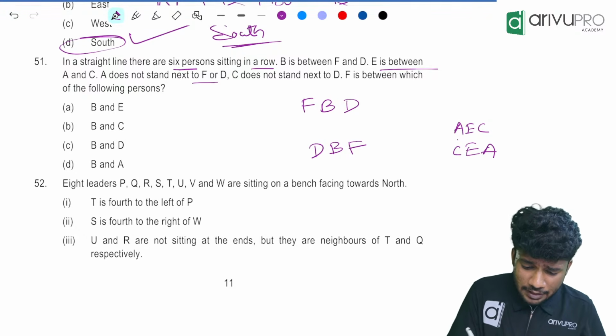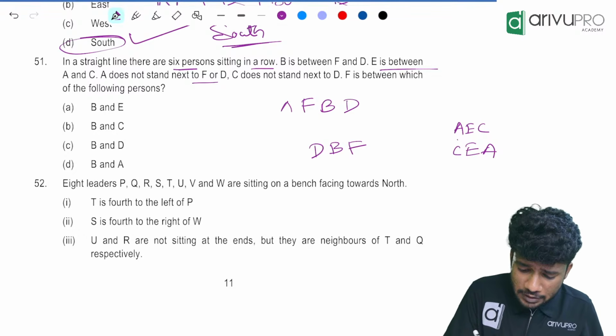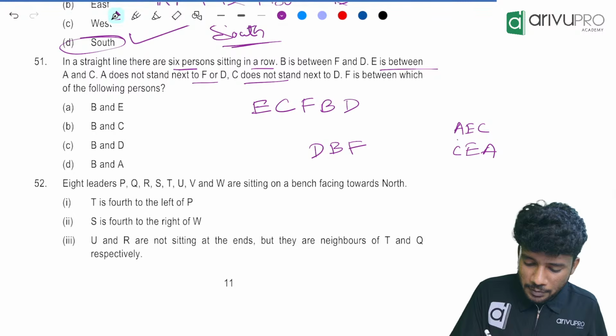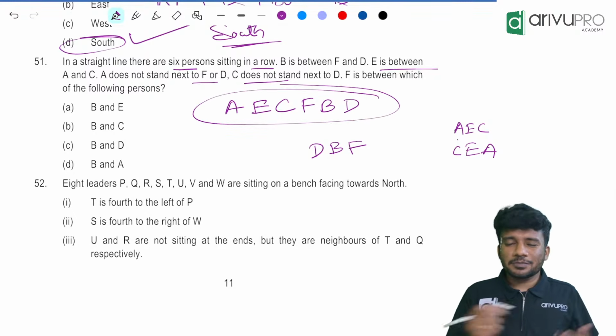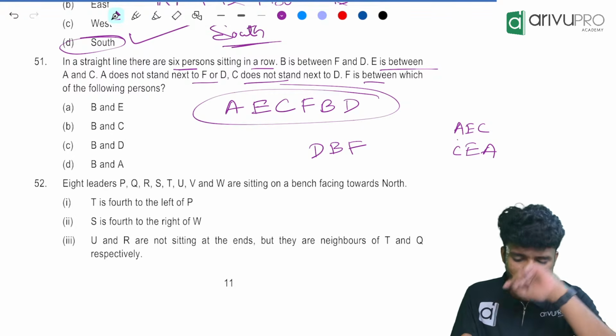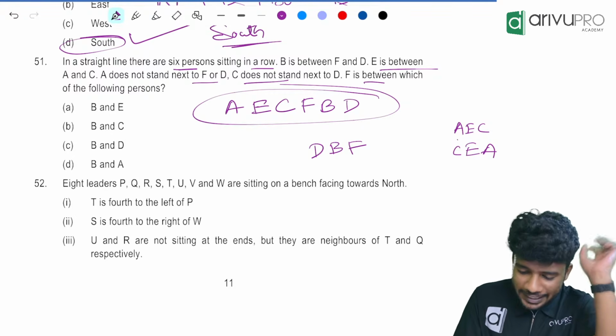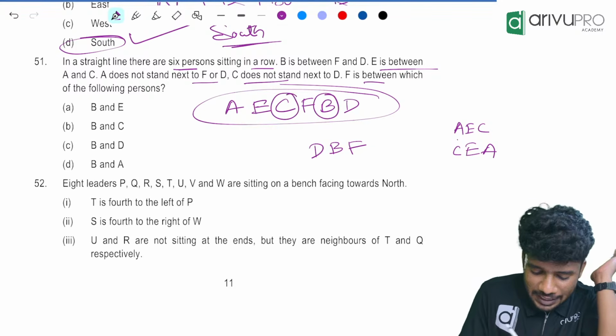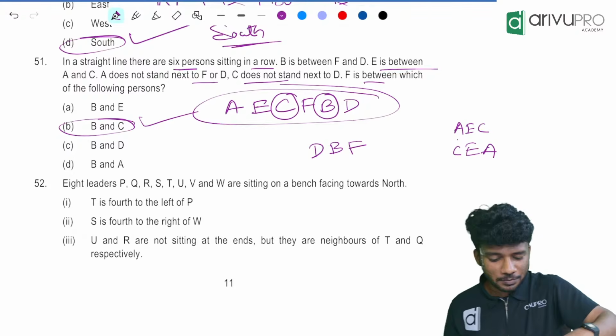A cannot stand next to F or D. C does not stand next to D. That means C can stand next to what? F. Then who is remaining? E is remaining. A is remaining. Only one possibility, or with a different possibility also, you will get the same answer. F is between which of the following persons is the question? What is the answer? C and B, or B and C. Option B is the answer.